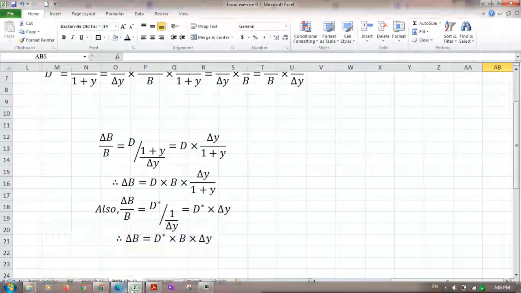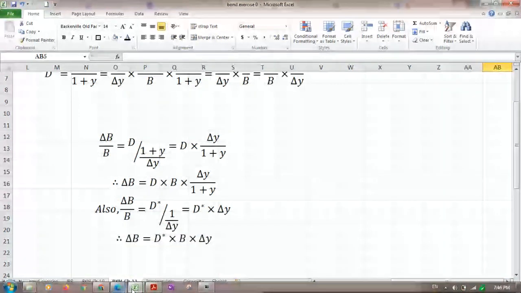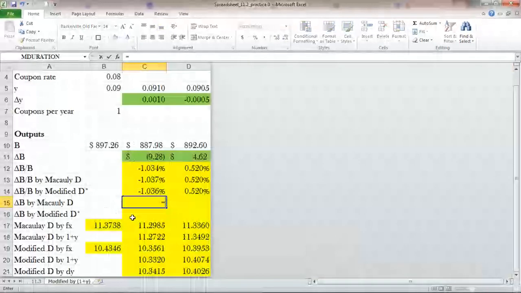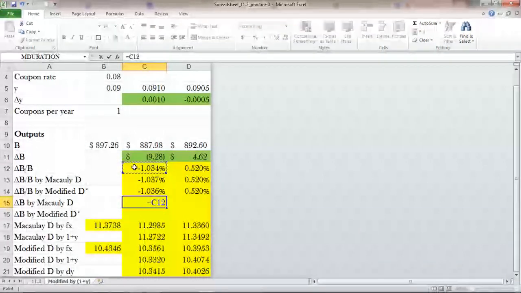So we have this, then first times the old bond price. There you go. Yeah, exactly.